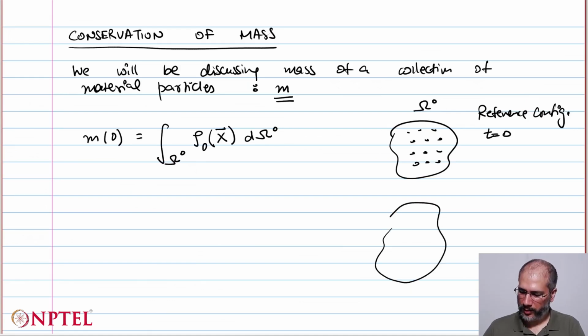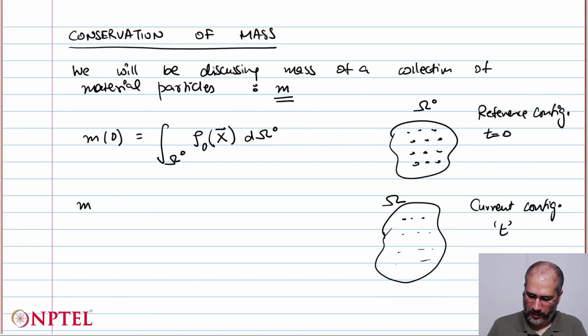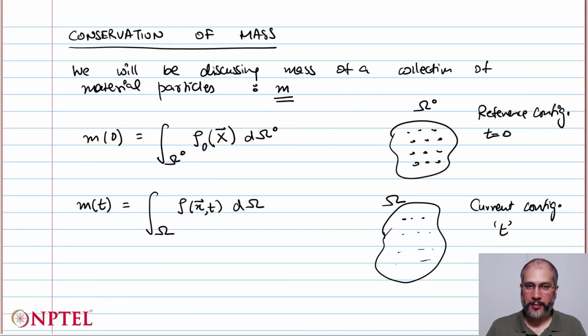Let's say they now have this configuration, which we'll call the current configuration at some time t. These particles form a volume omega this time, and their mass at time t is given as an integral over this current volume omega of the density, which is written in the Eulerian description now, times d omega.